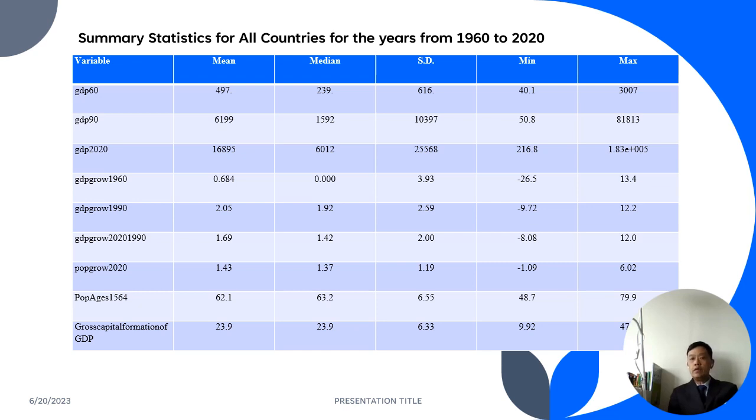To compare the rich countries and poor countries, I divided them based on their GDP per capita in 1990. The rich country had a GDP per capita above the median of 1,592, while the poor country had a GDP per capita below.